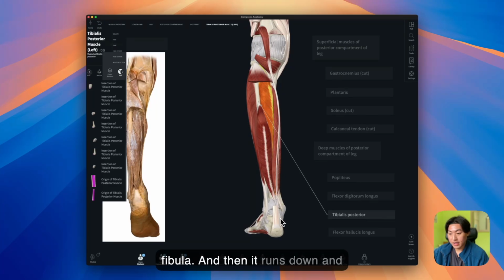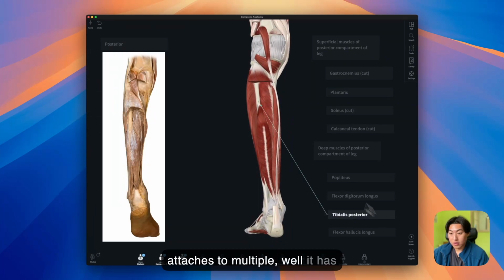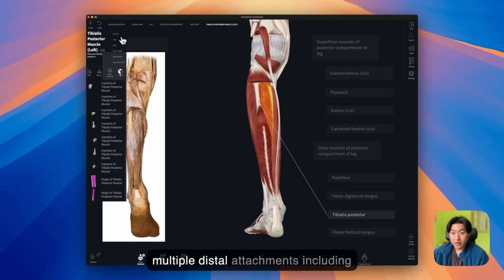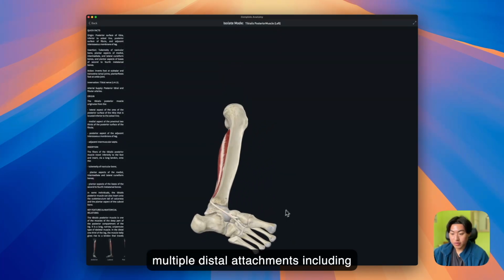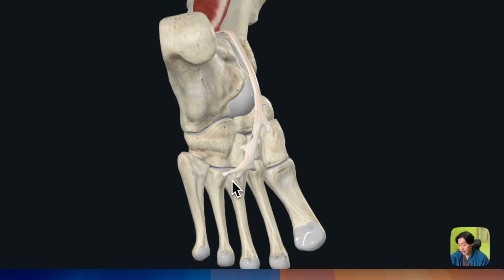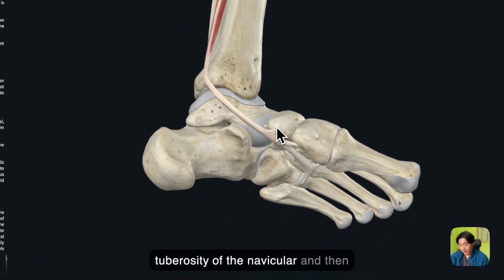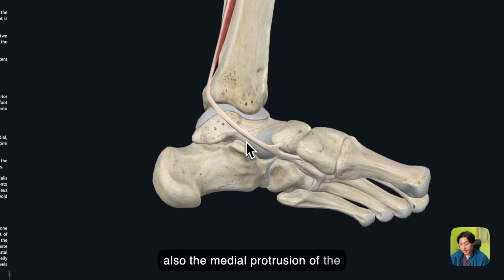And then it runs down and has multiple distal attachments, including the base of the second, third, and fourth metatarsal, the cuneiform, the cuboid, the tuberosity of the navicular, and then also the medial protrusion of the calcaneus over here.